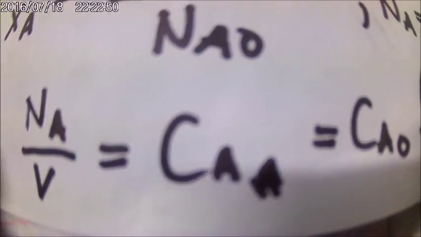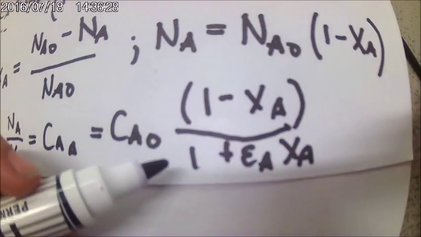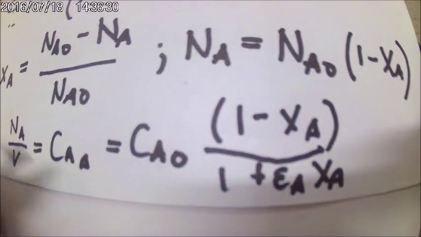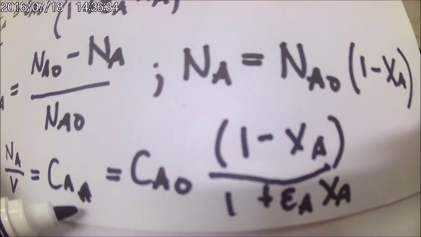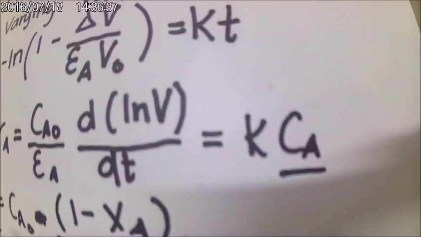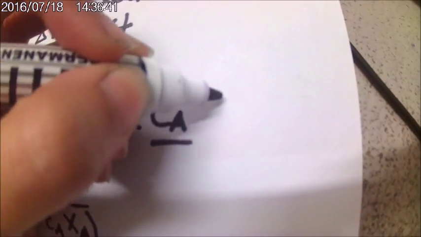So by dividing both sides by V, we get this. So we substitute this equation of CA into the rate equation. Let's call this equation 1.